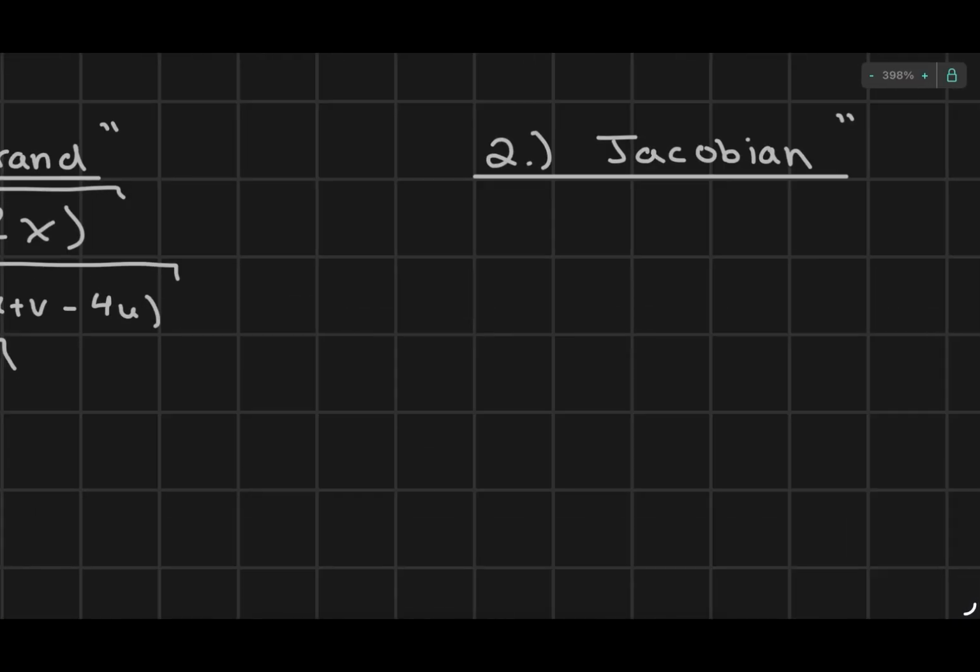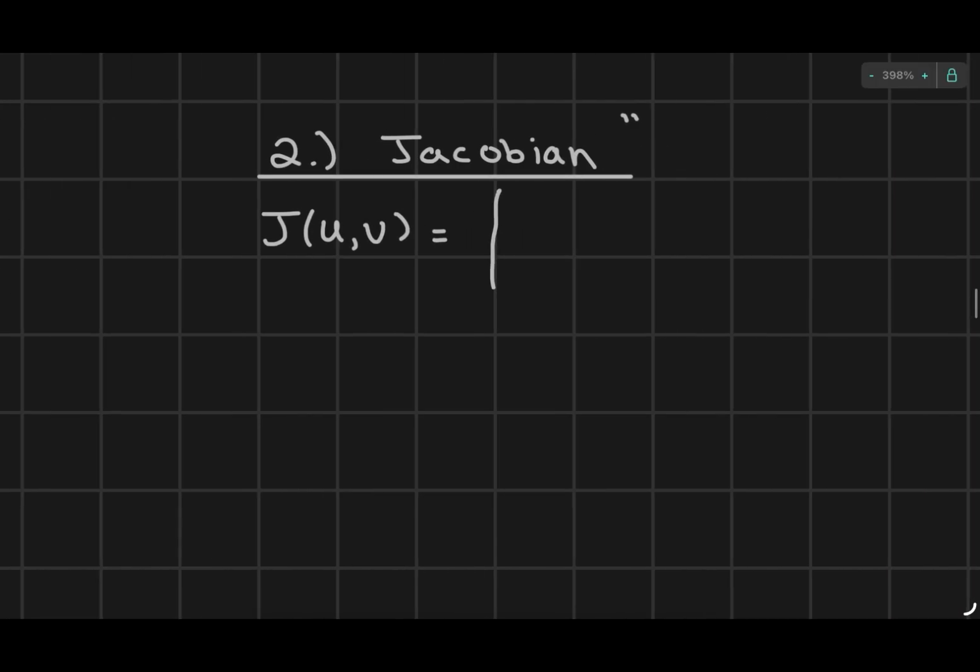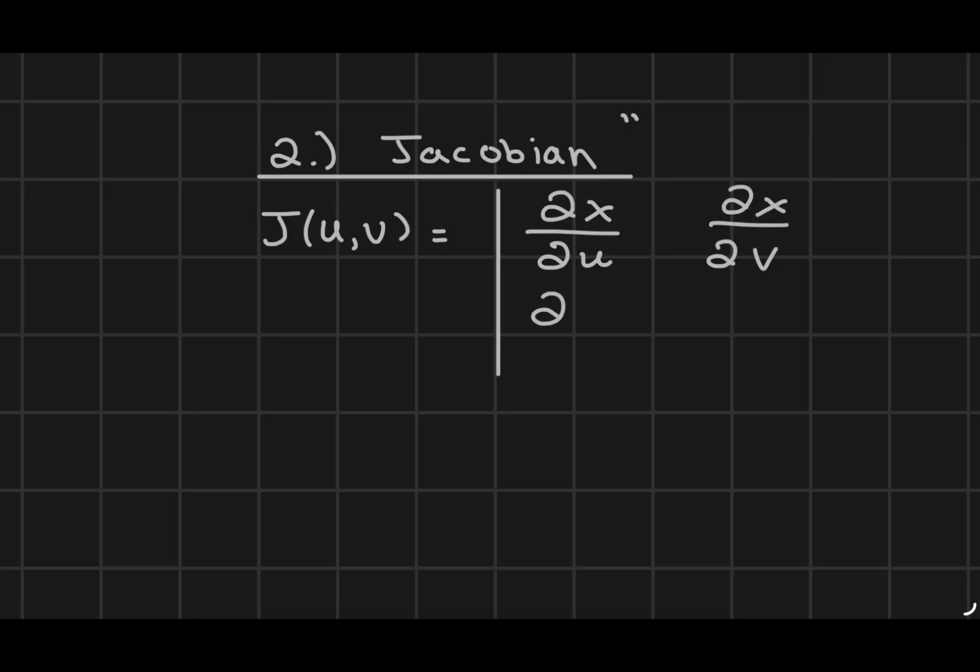Recall that our definition for a Jacobian is the Jacobian of u and v is equal to the determinant of the partial of x with respect to u and the partial of x with respect to v, as well as the partial of y with respect to u and the partial of y with respect to v.